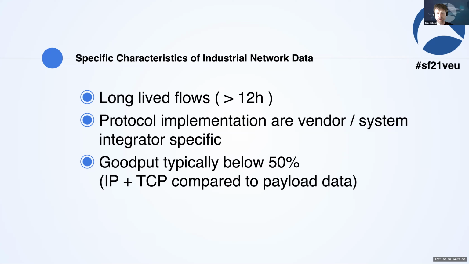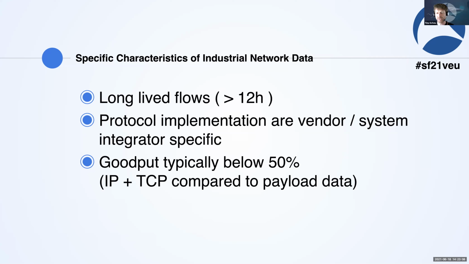Another difficulty is protocol implementation. Even if the protocol is standardized, vendors or even system integrators still adapt parts of the protocol. This makes it very hard to track problems, and even if you want to set up monitoring, you have to adapt your monitoring to the system you want to monitor.